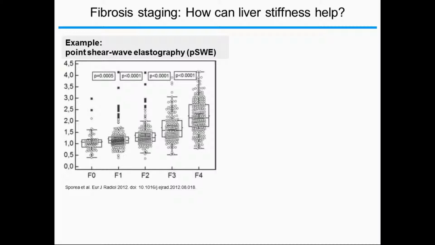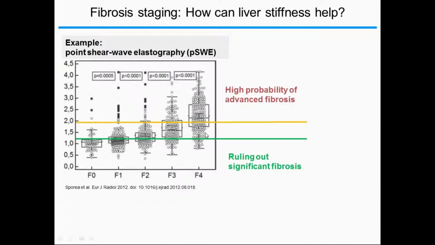The basic aim of liver elastography is fibrosis staging. Now the question: how can liver stiffness measurement help? Here's an example from a large study from Romania on point shear wave elastography in patients with chronic hepatitis C. As you can see here, the shear wave velocity increases with the stage of fibrosis and up to liver cirrhosis.